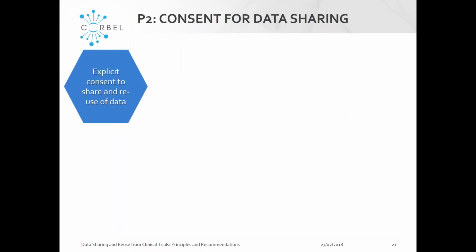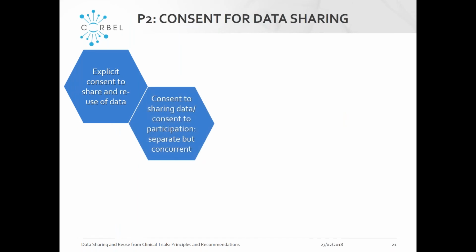As already mentioned, the consent to share data for reuse should be explicit, and in a way should be separate from the consent to participate in the trial. But of course, the two consents should be, as much as possible and as feasible, collected at the same time.